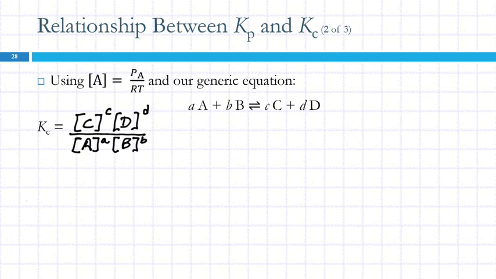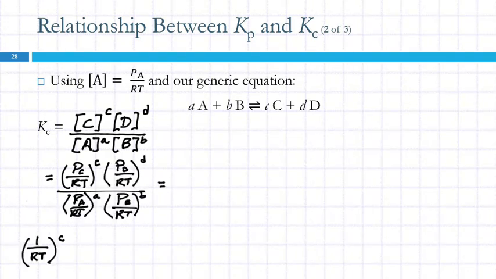I'm going to go down a line because otherwise we're going to run into that equation. So that would be the partial pressure of C over RT to the c. So this would be times the pressure, but we have 1 over RT to the c power.